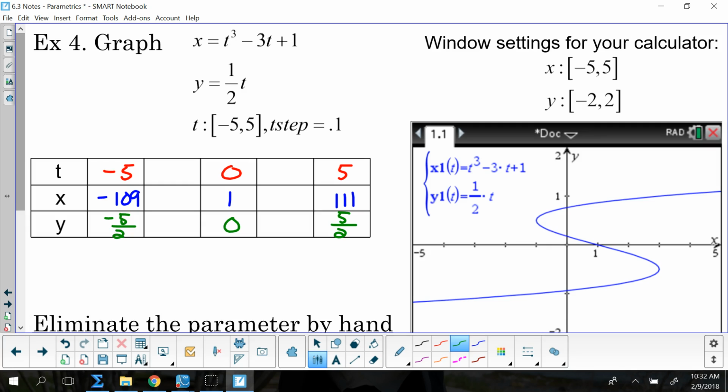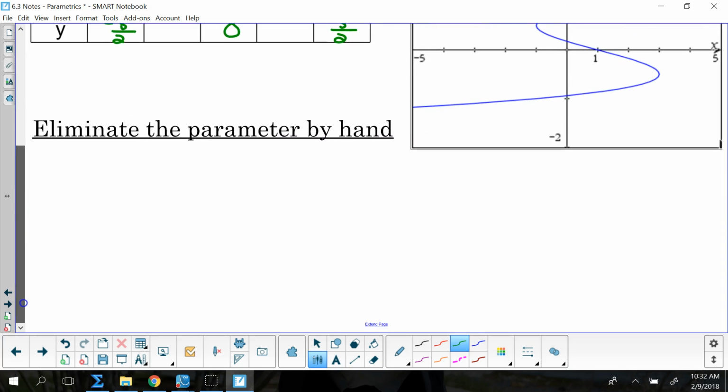Then I asked you to eliminate the parameter by hand. So my two equations again were y equals 1/2 t. If I solve that one for t, that gives me 2y equals t.